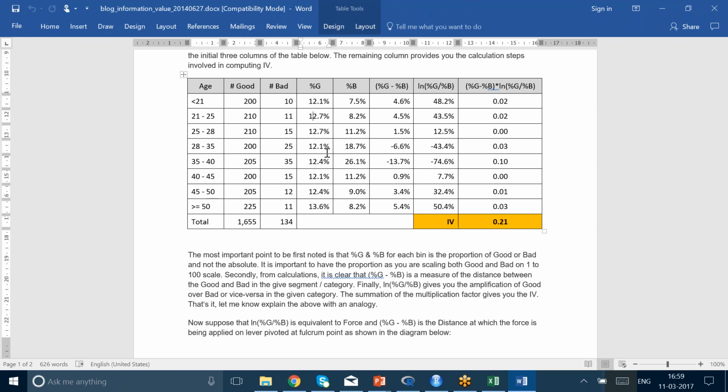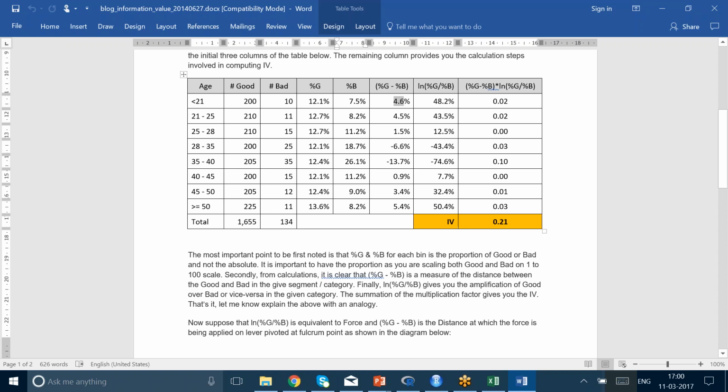That variable is giving the maximum separation between good and bad. If I segment the entire data based on that, one segment will have 100% of goods and the other will have 100% of bad. In that case, percentage good 100 minus 0 will be maximum, and 0 minus 100 will again be maximum. So distance is maximized. So the first objective is which variable gives me the maximum distance.